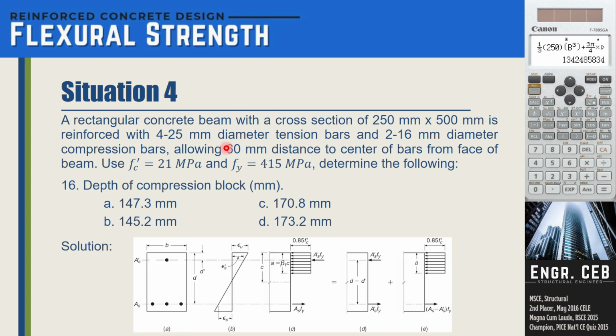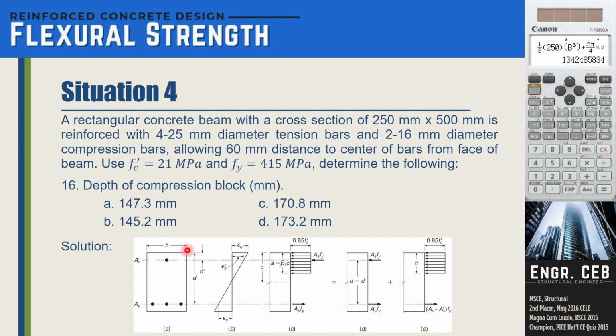In this problem, as you can see, we are reinforced with four 25 mm diameter tension bars and two 16 mm diameter compression bars. Meaning, we have reinforcement in the tension side and we also have reinforcement in the compression side. Basically, there's a chance that this is a doubly reinforced section.